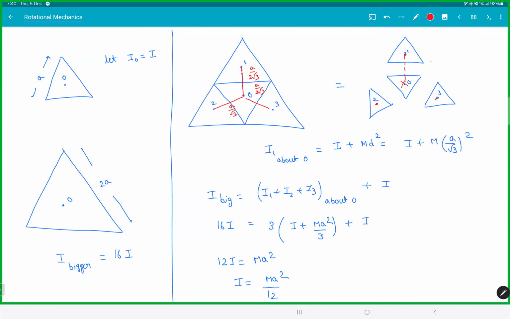So from here to here, that was d. Into 3, because there are 3 triangles. So 3 outer triangles plus the central triangle should give you the big triangle. This is another way of doing it: one is integration, one is the parallel axis theorem, the perpendicular axis theorem. This is symmetry. Please have a look at this.